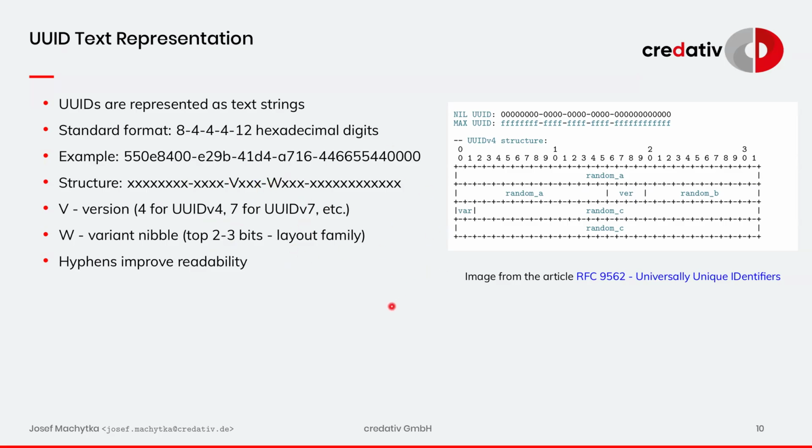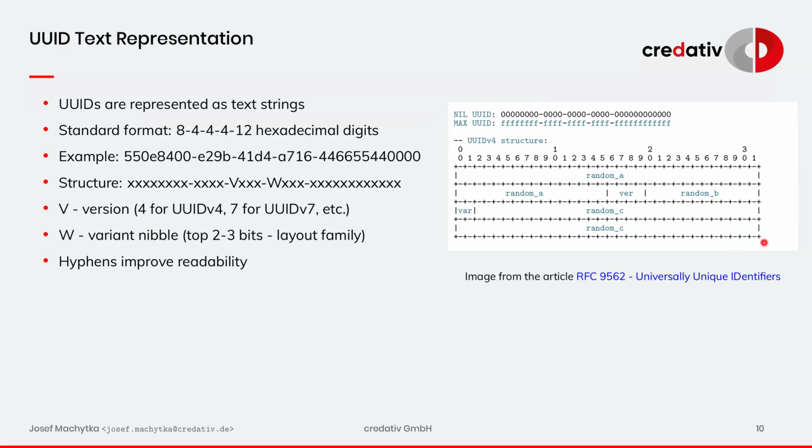And if we look at the documentation of UUID, they mention these two special UUIDs. The first of them is the nil UUID, which consists of all zeros, and the maximum UUID, of course, consists of all F hexadecimal digits.